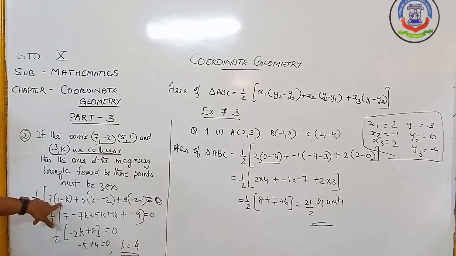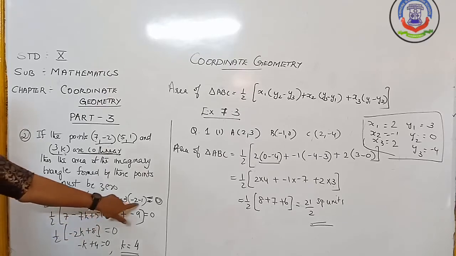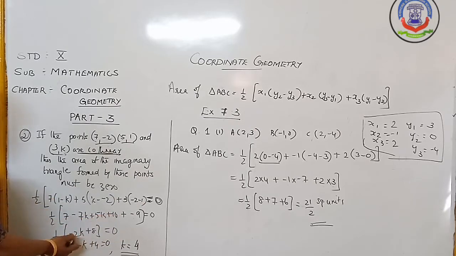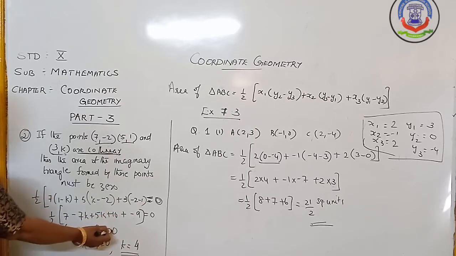Now 7 into 1 minus k is 7 minus 7k, plus 5 into k plus 2 is 5k plus 10, plus 3 into minus 2 minus 1 is minus 9. Adding these all together, you get minus 2k plus 8 equal to 0.